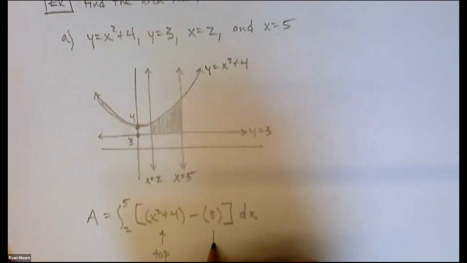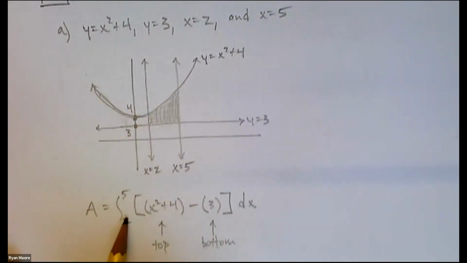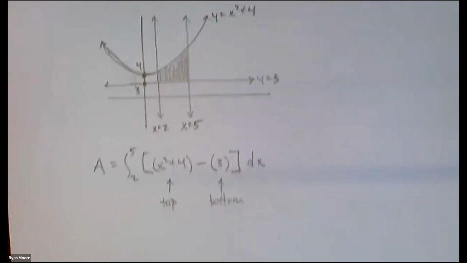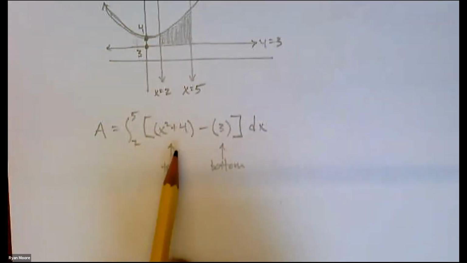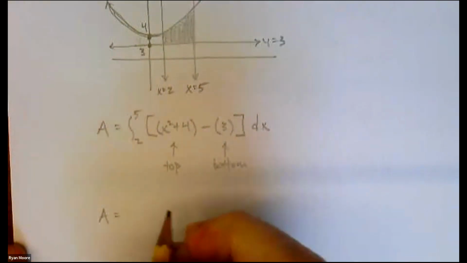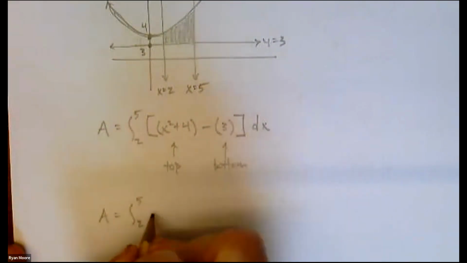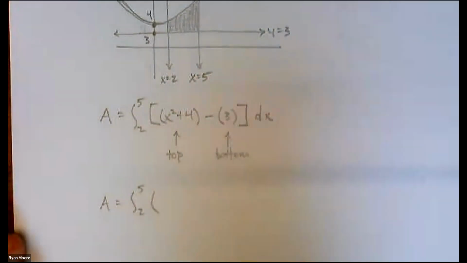There's my top, there's my bottom, and the limits of integration, the starting and ending points. Once I have this together, I can simplify. I'd suggest cleaning it up before you do an antiderivative. Clean it up as much as you can.